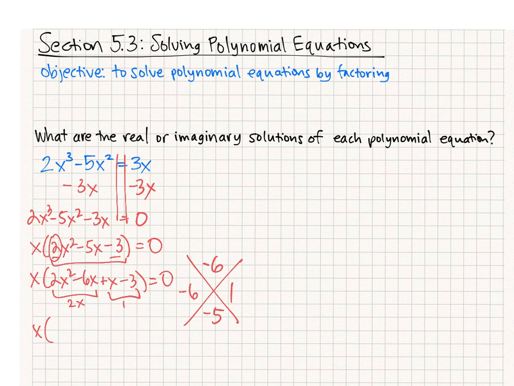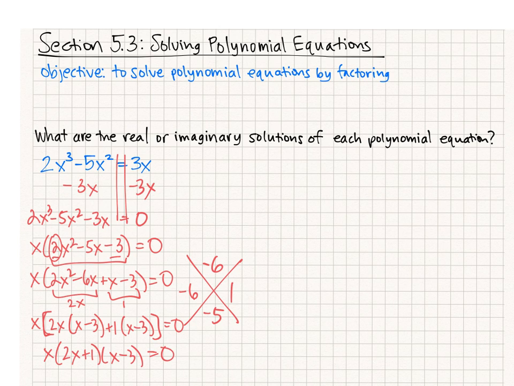So this becomes 2x, and then x minus 3, and then plus 1, and x minus 3. So this is x times 2x plus 1 times x minus 3 equals 0.